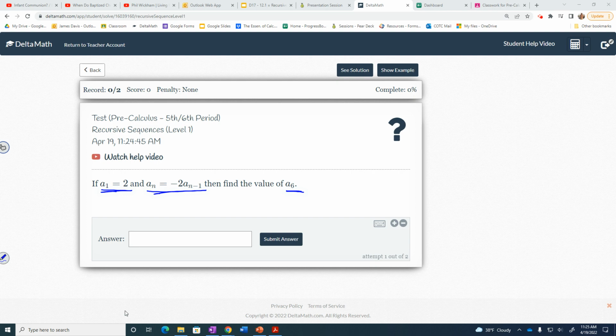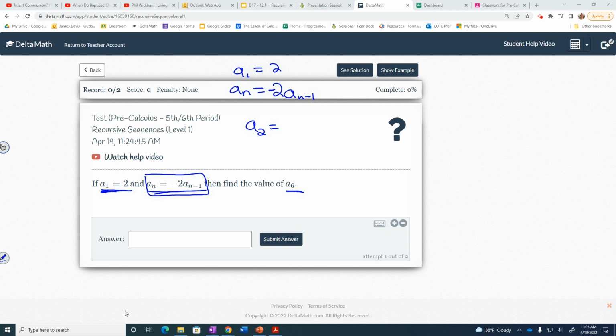So this is how it works. We're going to start with a sub 1. That's 2. Now let's try a sub 2. So a sub 2, our second term, using this formula here, if you want to write it down again: a sub 1 is 2, a sub n equals negative 2 times a sub n minus 1.